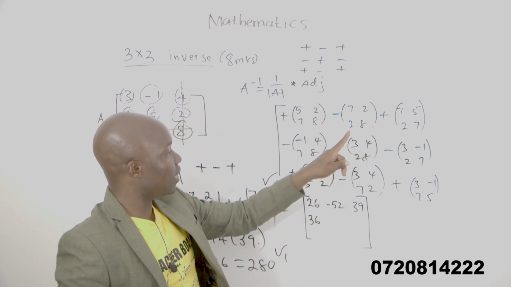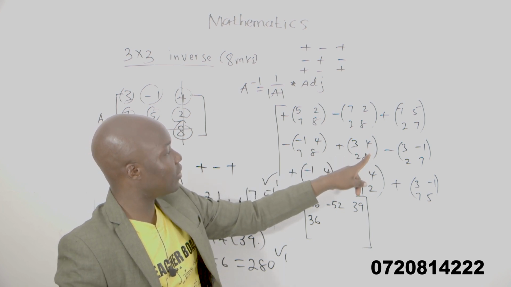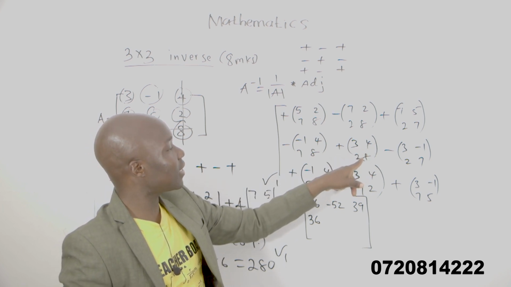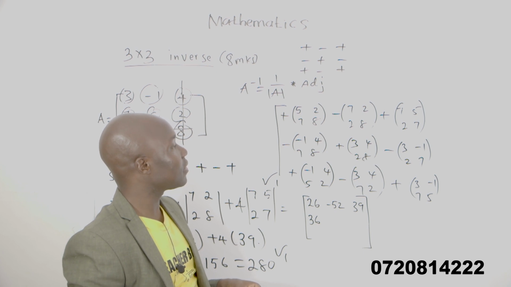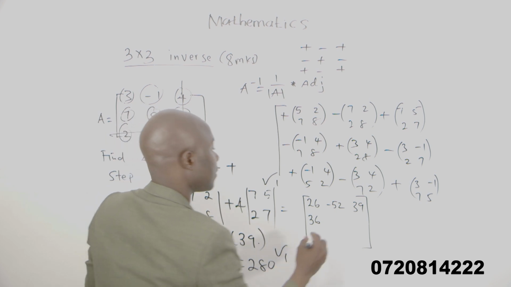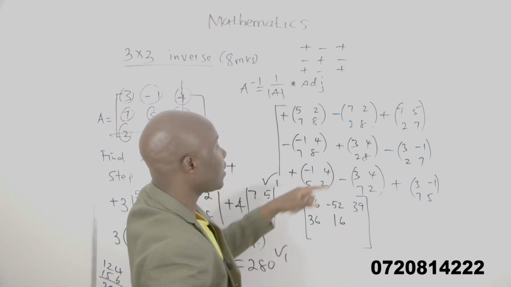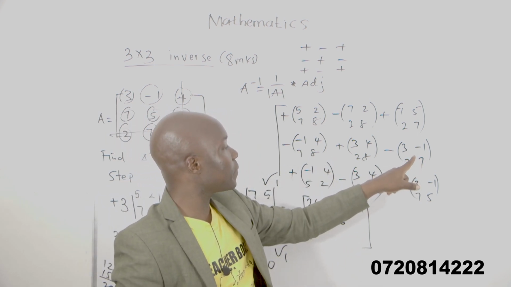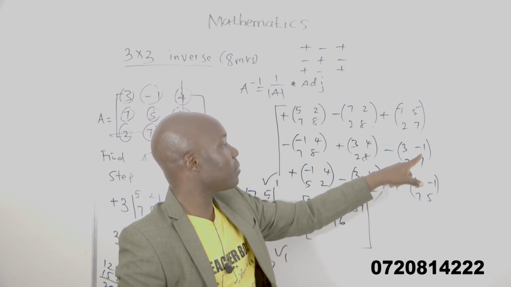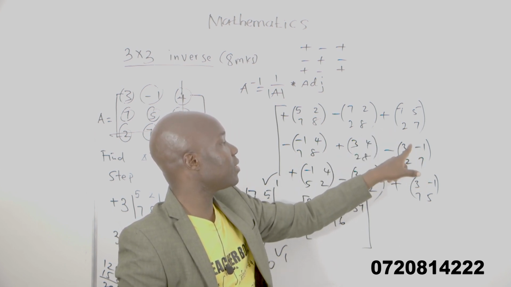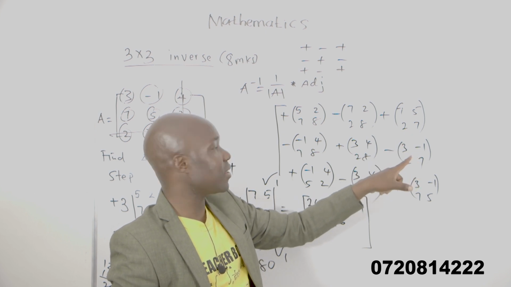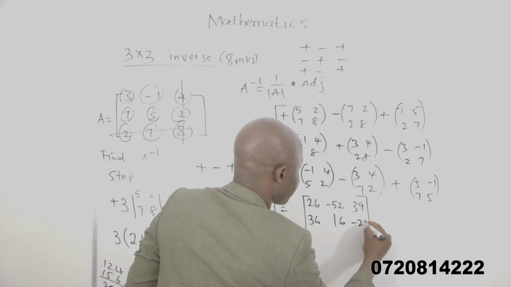8 times 3 is 24. 2 by 4 is 8. 24 minus 8 is the same as 20 minus 4, which is 16. So we get 16. Remember, it was a positive. 21 minus minus 2, which is 21 plus 2, which is 23. Remember, it's a negative.